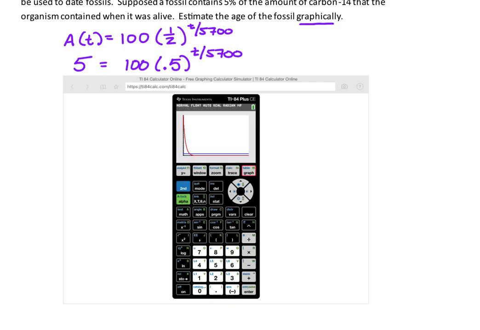All right, if we graph this, this is what it basically looks like. Okay, if you want, you can go ahead and zoom in on the window. I'm going to go ahead and change my Y max to 50. Not enough.